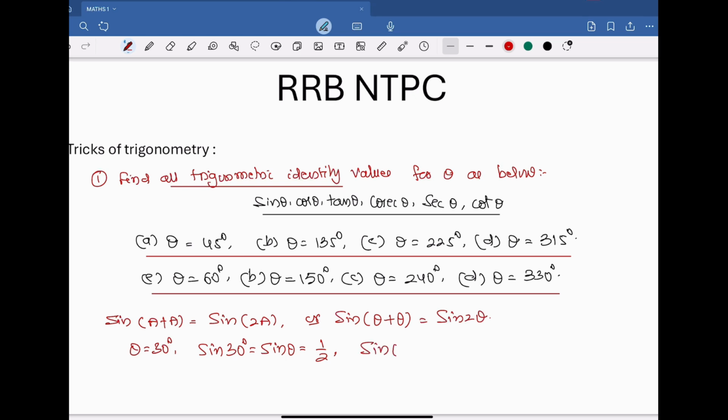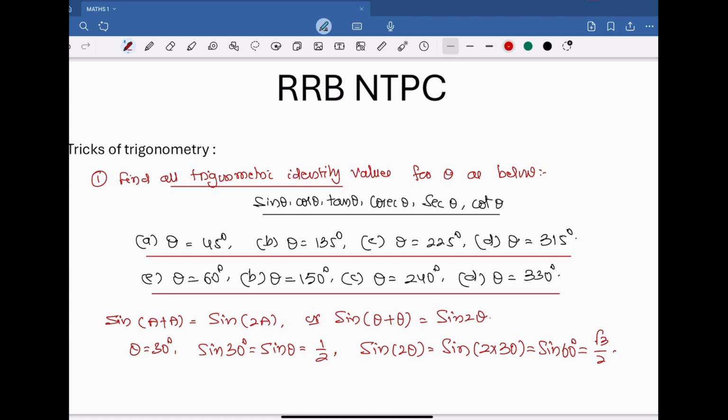Sin 2 theta is equal to sin 2 into 30, that is equal to sin 60, that is equal to root 3 by 2. That means the value of sin 2 theta will be different from sin theta.